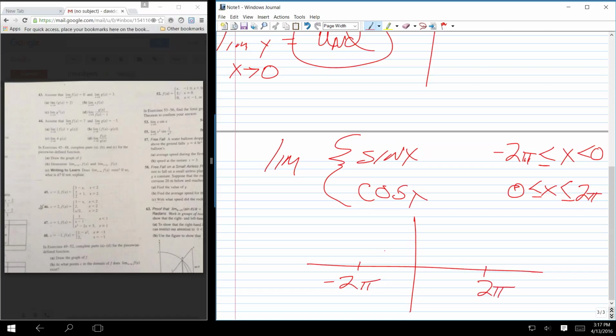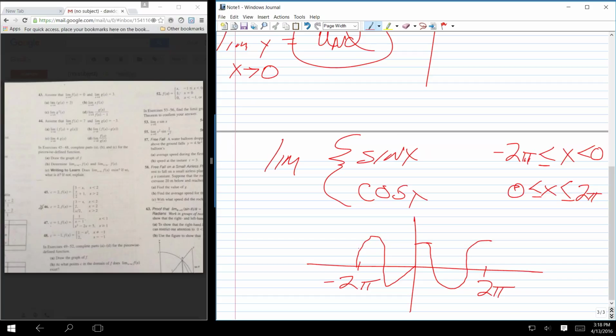So on the left side, it's equal to sine of x, which means it looks like this, kind of. To the right, between 0 and 2 pi, it's cosine, which looks like this.